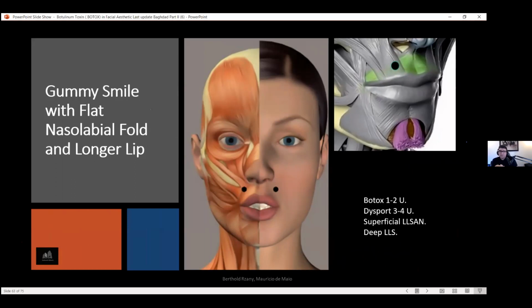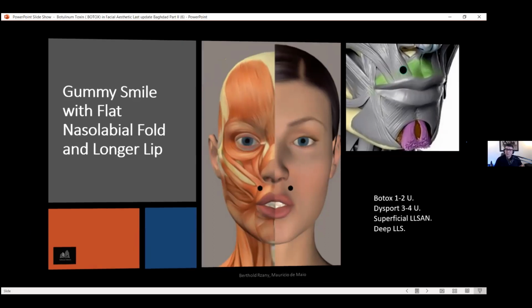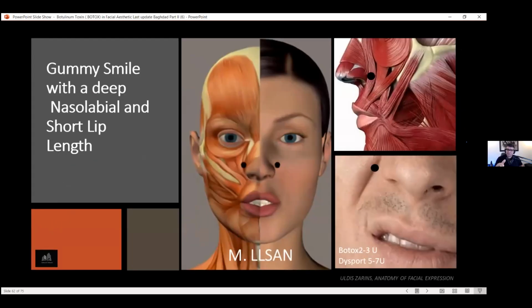What should I do? Should I stay high? No, I can go more labial now. But still I am at this line of the levator labii superioris alaeque nasi muscle. Okay? So the spot for the first one with a deep fold is almost at the lateral of the ala of the nose.